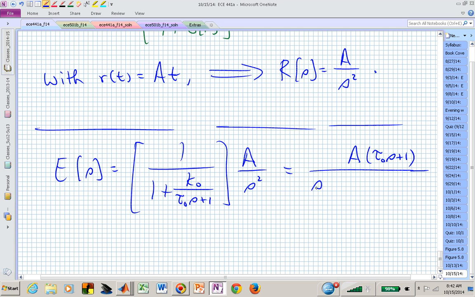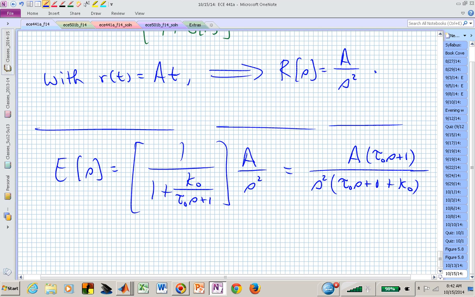We have the S squared coming from the ramp, and now left over we have tau sub 0 S plus 1 plus k sub 0. Are we okay with that algebra that I just did? I simply found a common denominator in the denominator, moved that denominator of the denominator upstairs in the numerator, and I now have my ratio of polynomials for my E of S signal in the frequency domain.